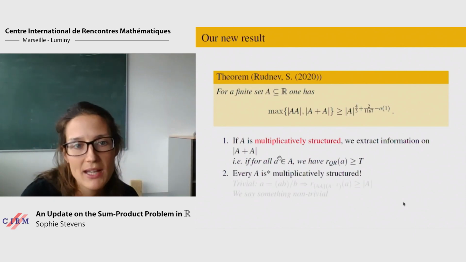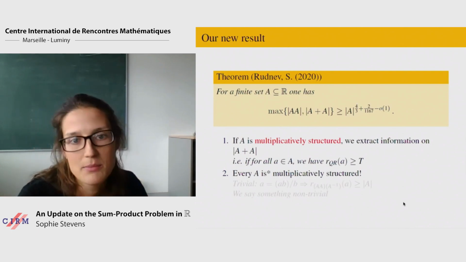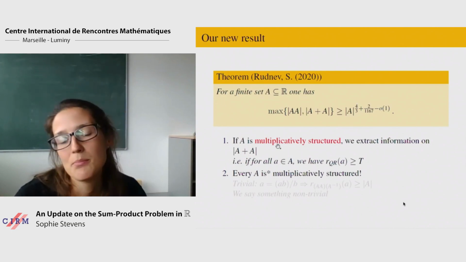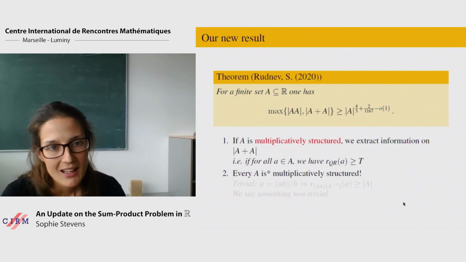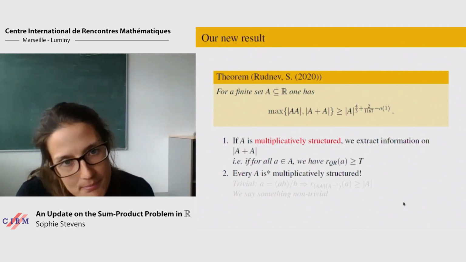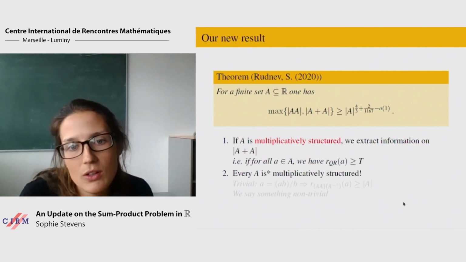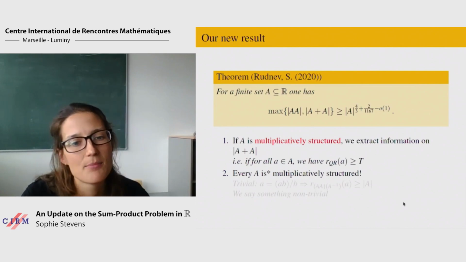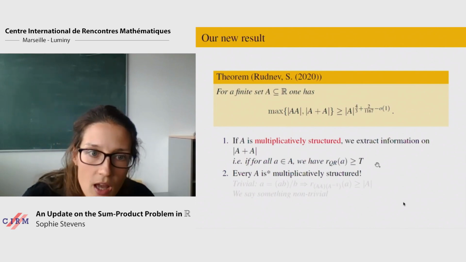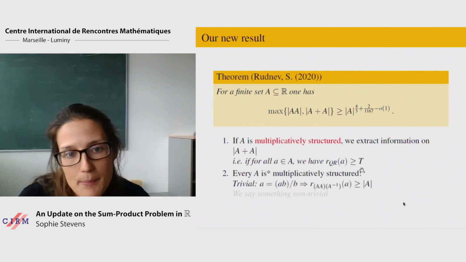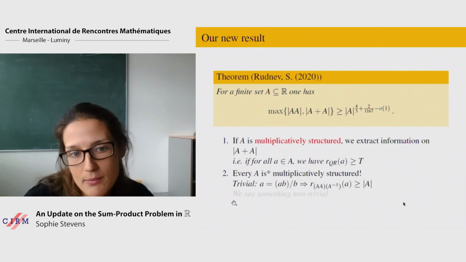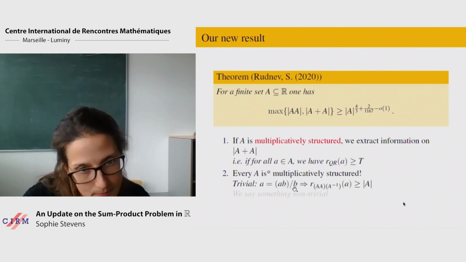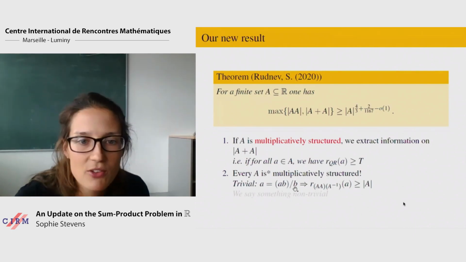Okay, that's all very well, but we need a second part. If A is multiplicatively structured, we're fine. The second thing to show is that every A is multiplicatively structured. As it stands, that's quite a strong statement, particularly given the technical definition of multiplicative structure, but let me show you that that's maybe not so surprising. Let's take two elements of our set, A and B. I can always write A as A times B over B, assuming that B is not 0.